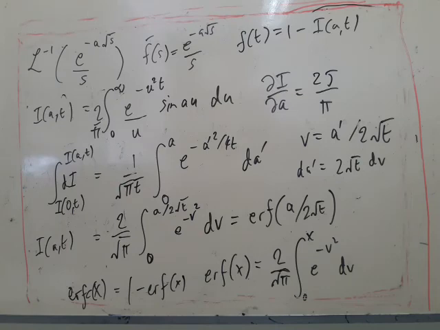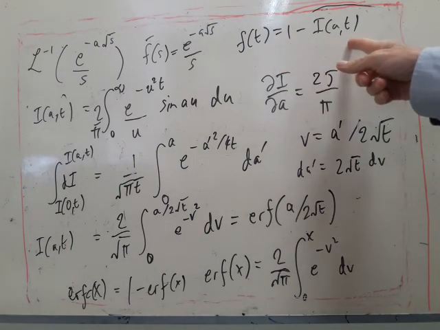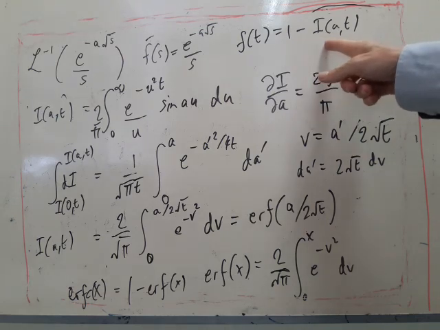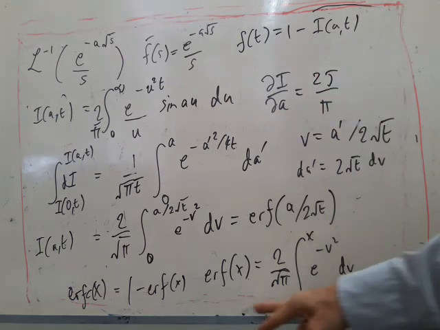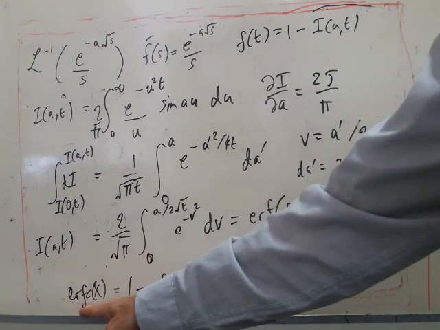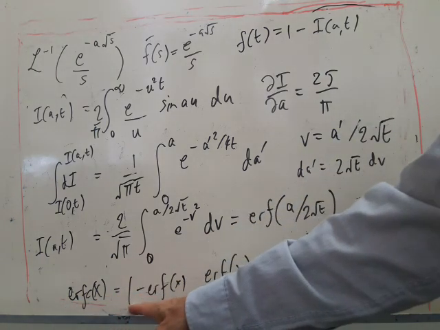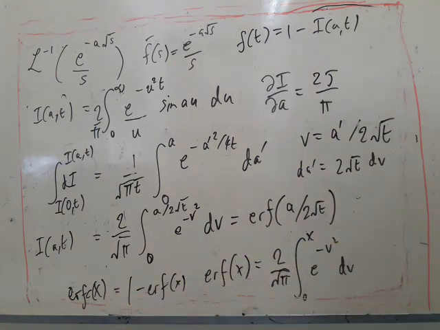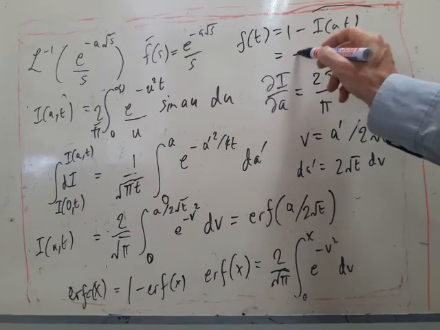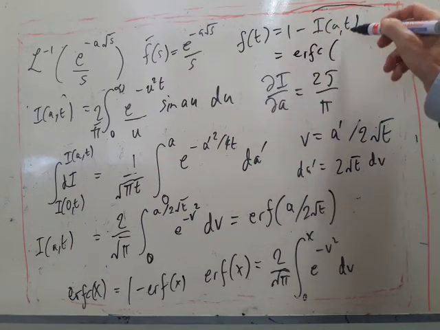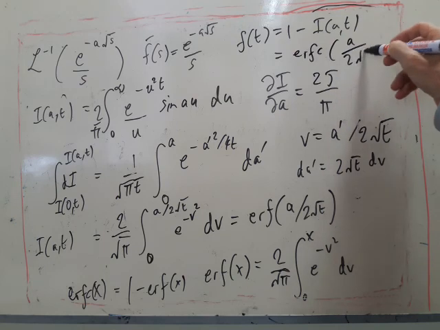And the final thing we're looking for is actually f of t, which is 1 minus I. And actually, there's a special function called the complementary error function, erfc, which is precisely 1 minus erf. So we can write this in the most compact way as erfc of a over 2 root t.